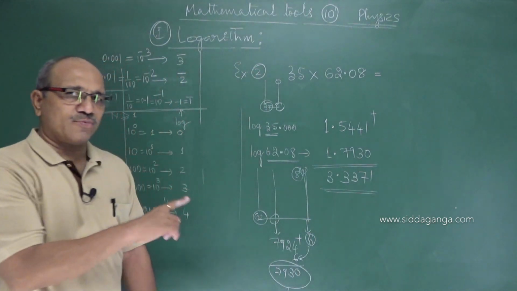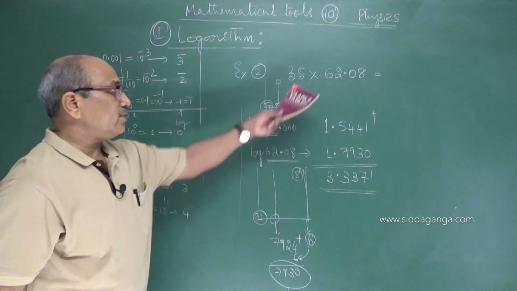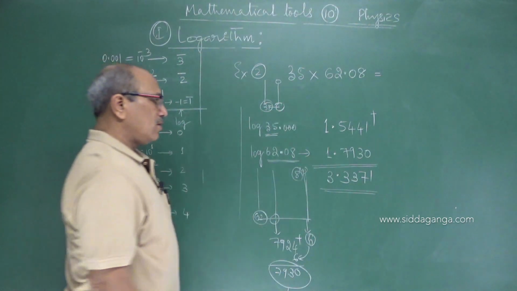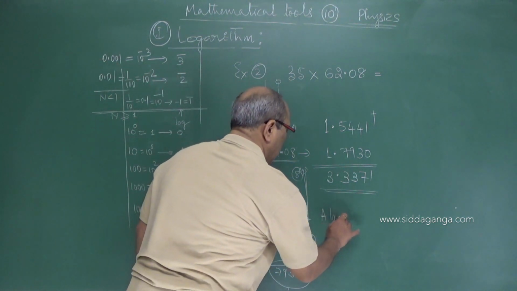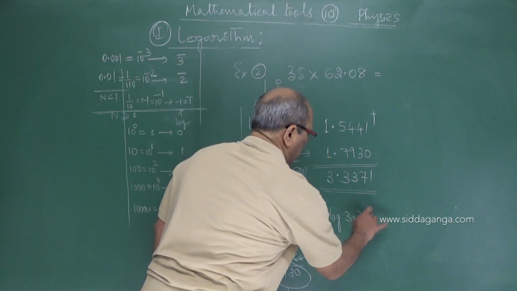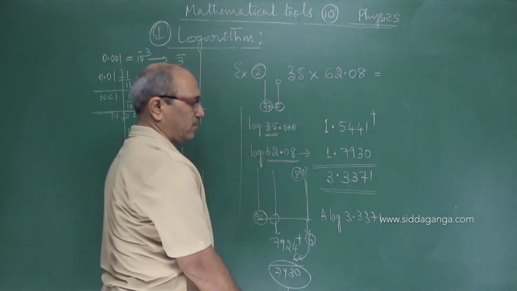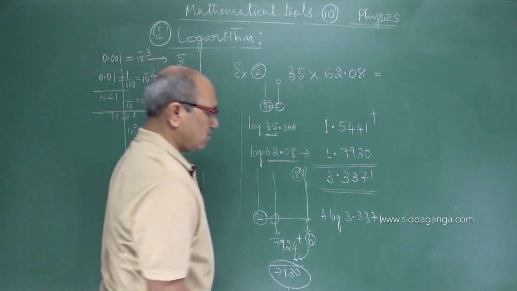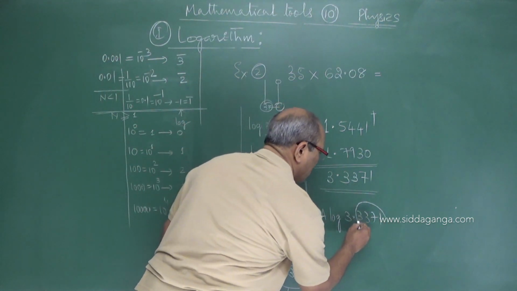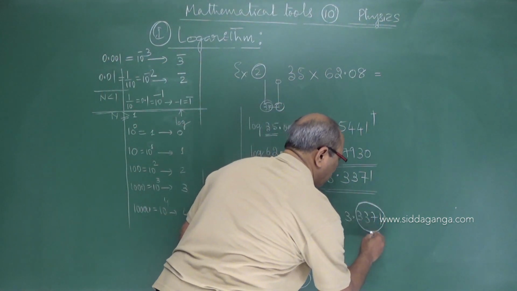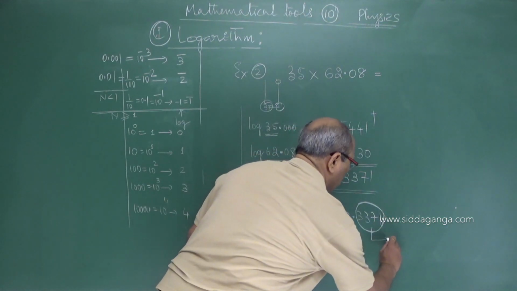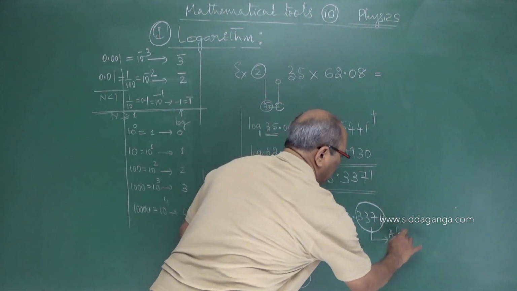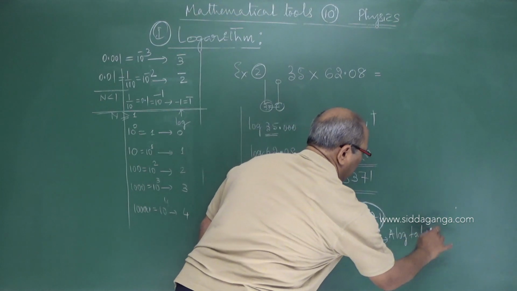It is in the log form, the coded form. That is not the answer. So I have to get the anti-log for 3.3371. What do I have to do now? Yes, we have to go to the mantissa part, for which we have to look in the anti-log table.